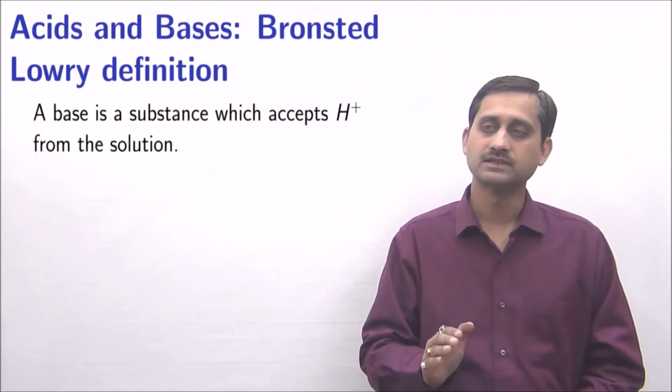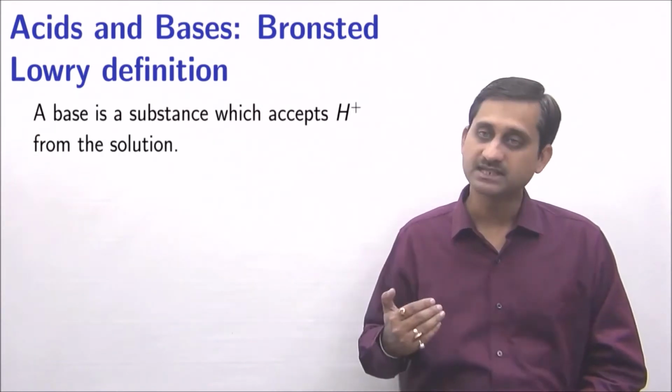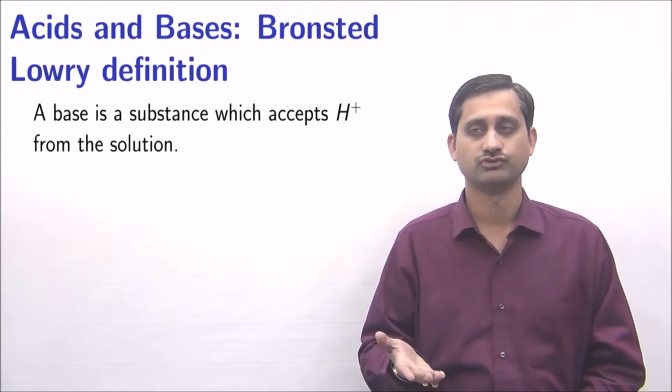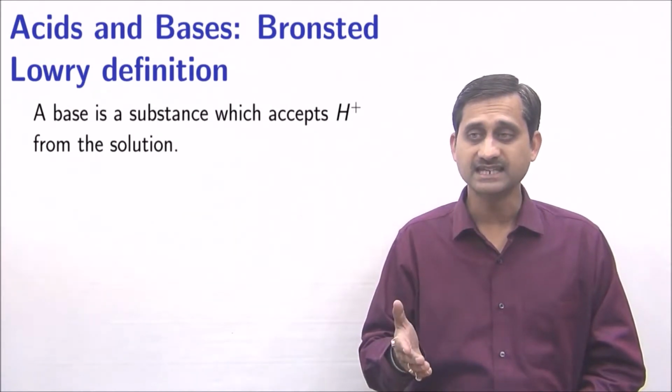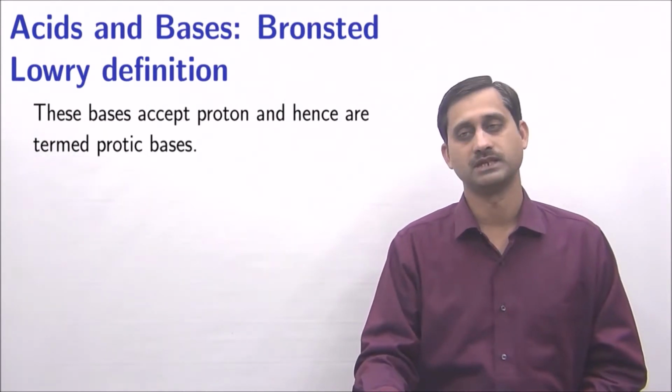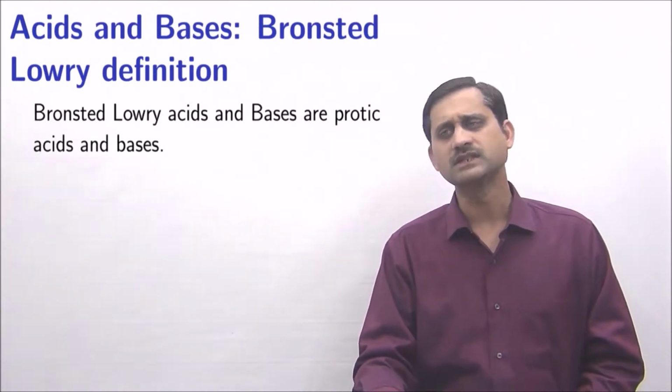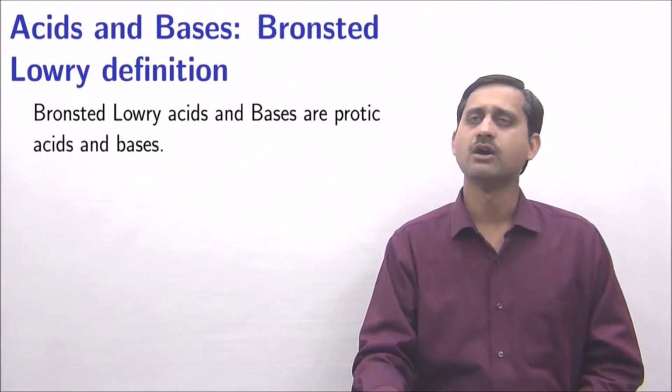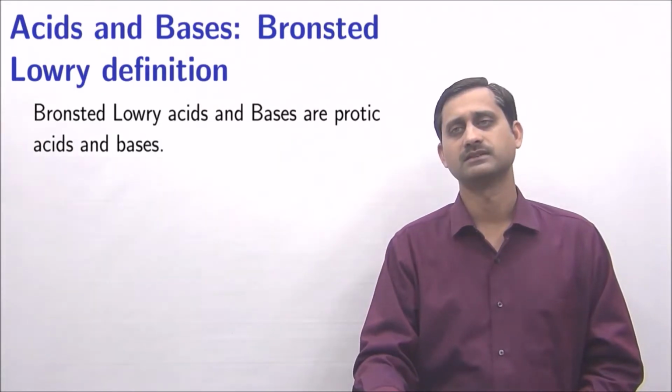A base is a substance which accepts H plus from the solution. These bases accept protons and hence are termed protic bases. Bronsted-Lowry acids and bases are protic acids and bases.